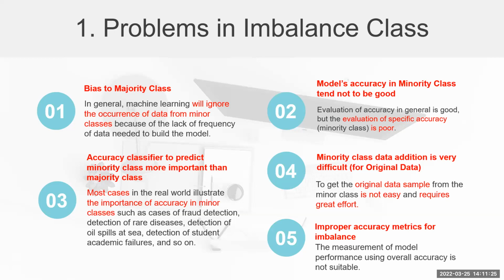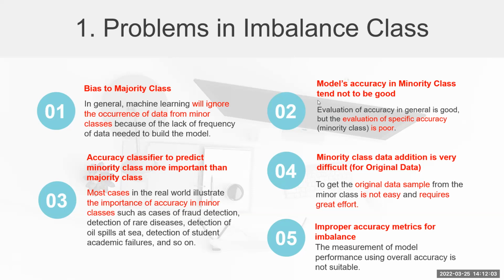Because the frequency of the data needed to build the model is not enough. So due to the lack of data, machine learning ignores them, and it makes the model actually cannot take the rule of the minority class.